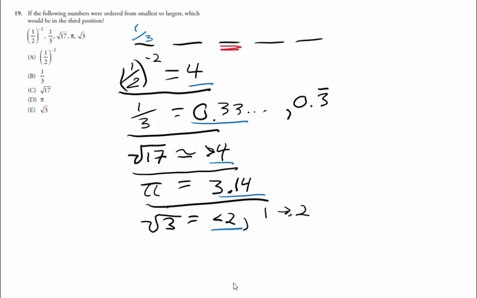And then our second number, so this is number 1, and we could actually just do it this way. Our second number is this one that's just below 2.